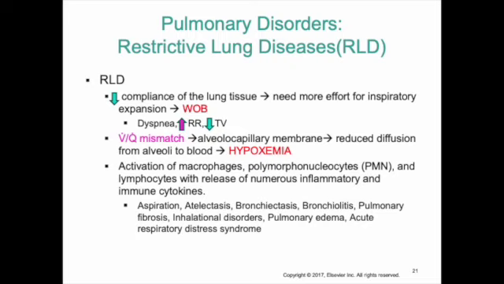Let's go back and revisit this term in pink, the VQ mismatch. There's a slide previous that talked more about the VQ mismatch, but we're just going to revisit for a second. This is the ventilation perfusion. And this mismatch happens when part of your lung is receiving oxygen without blood flow, or it's receiving blood flow without oxygen.